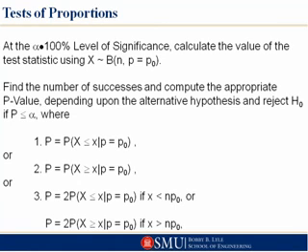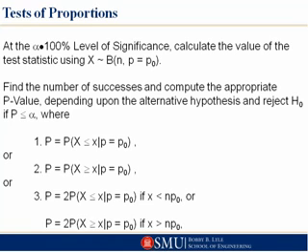At an alpha times 100% level of significance, calculate the value of a test statistic using X, a random variable following a binomial distribution with a probability of success p equal to the specified value.